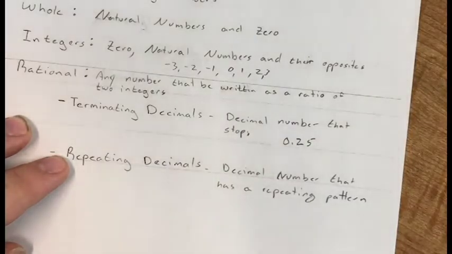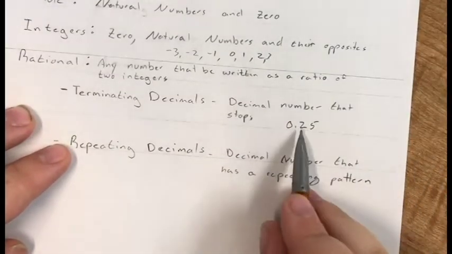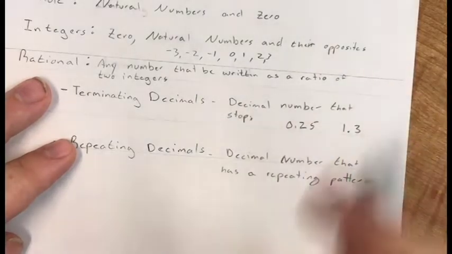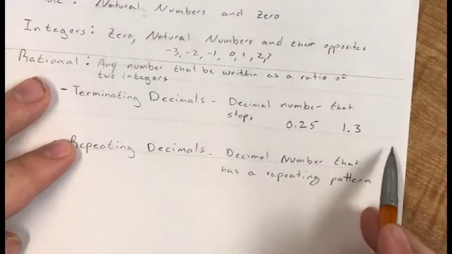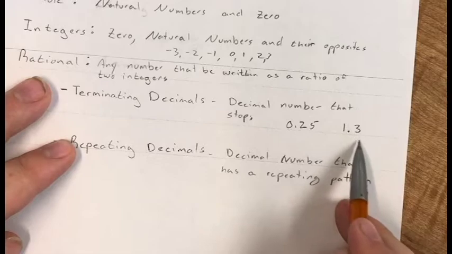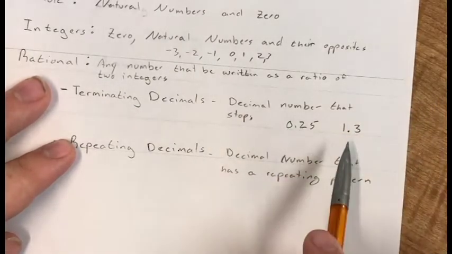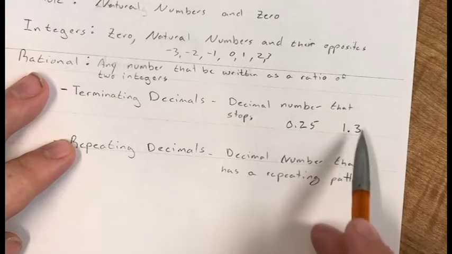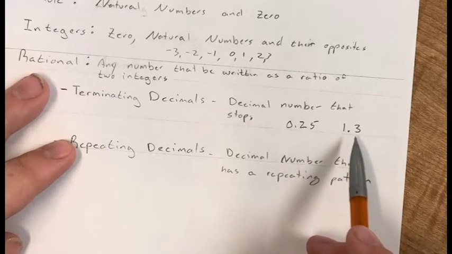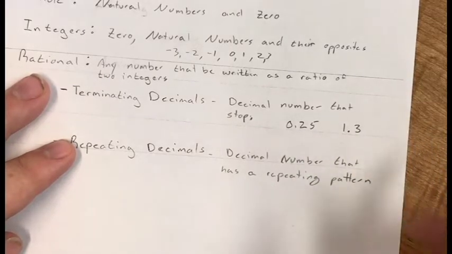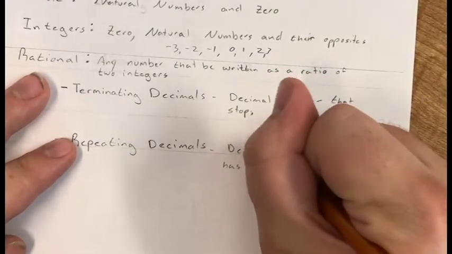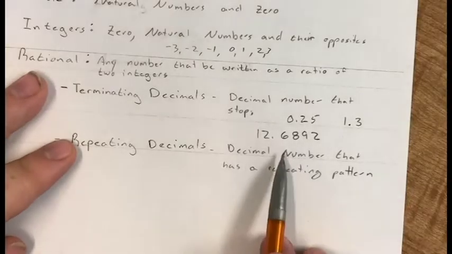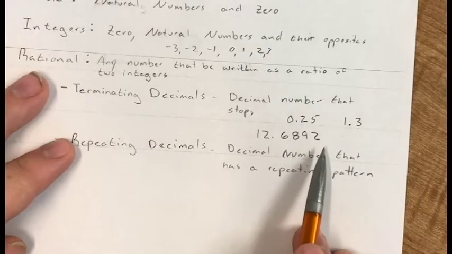This is a decimal number and it stops at 0.25. Or we can write 1.3. It stops. It terminates. There's nothing after the 3. It's done. This is a terminating decimal. And we can do all these different numbers and examples. It's infinite. We can do a lot of different things. All right, so enough just to do it, 12.6892. This is a terminating decimal, all right?